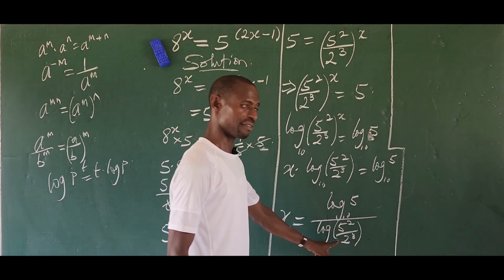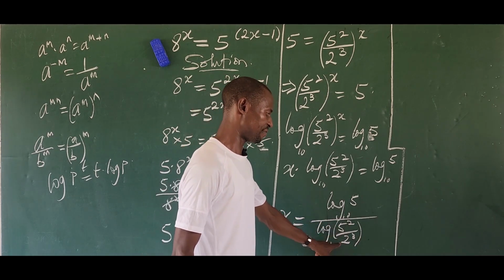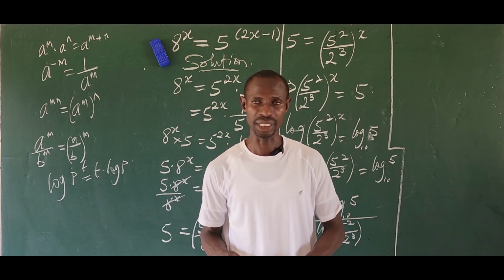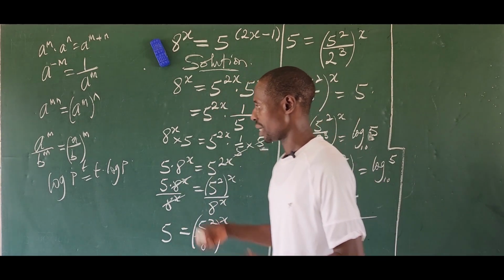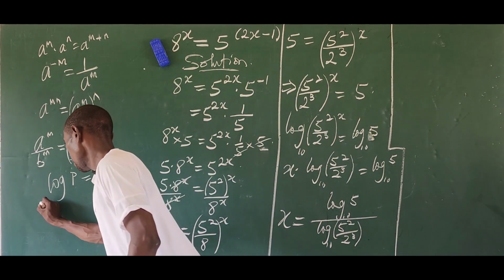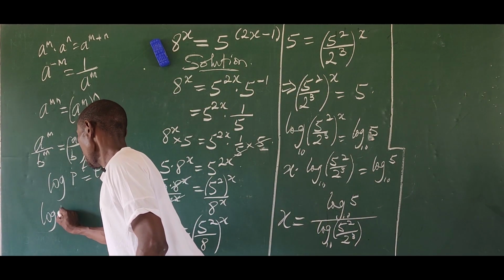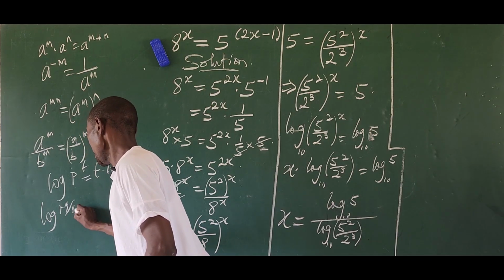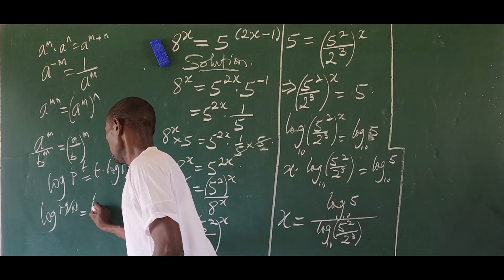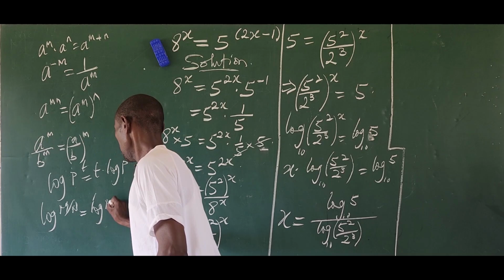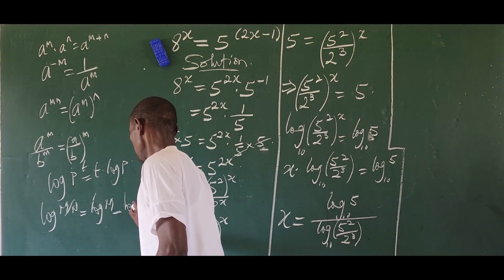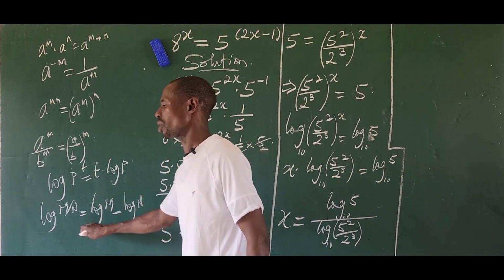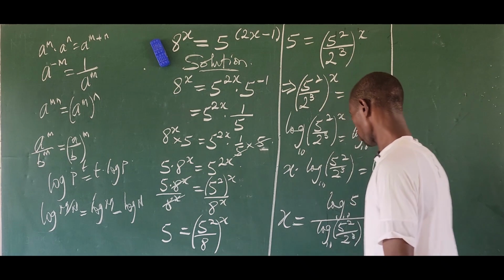Now look at the expression we have here. This is division, and we have a law to that in logarithm. The law which says that if you have log of m all over n, this is equal to log m minus log n. We call it the division law of logarithm. So we can apply it here.